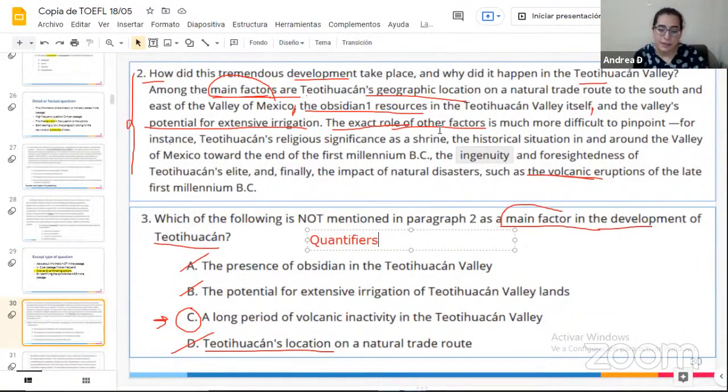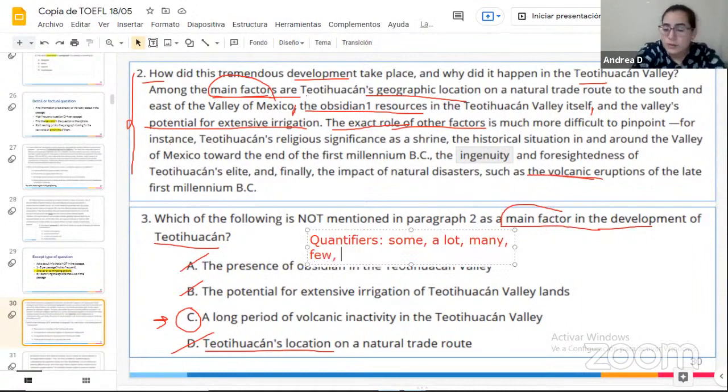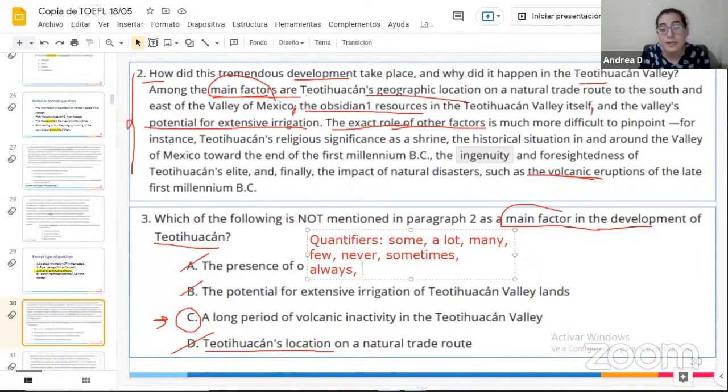So it's not the same thing. Be careful with these quantifiers like some or a lot or many or few, or sometimes frequency adverbs like never or sometimes or always. So those little things that are modifying your information, that's tricky. And a lot of people get mixed up because of them. They go through them very quickly. They don't realize that they may be making a mistake because of them.